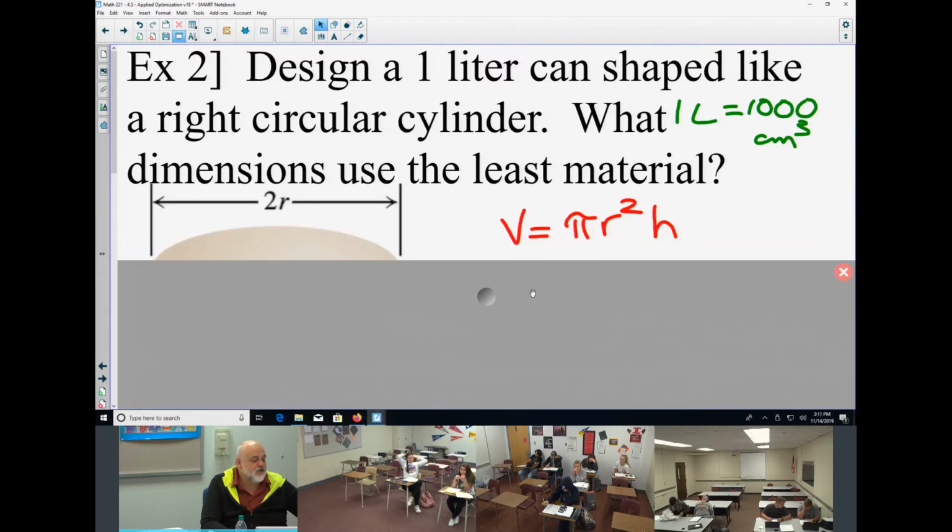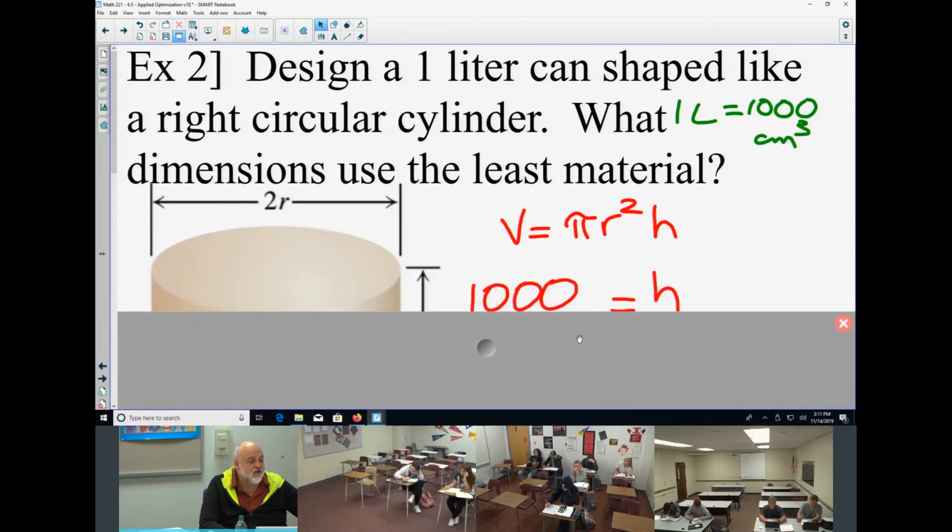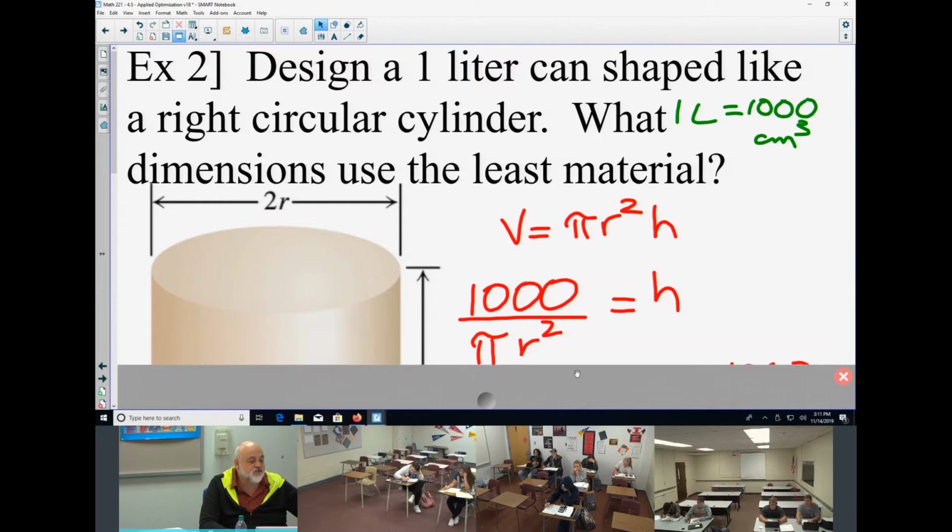All right? So the formula for volume of a can is pi r squared times h. So if I plug in 1,000 for V and divide by pi r squared, then I get h in terms of the radius.